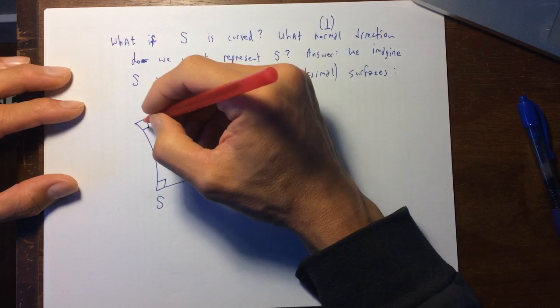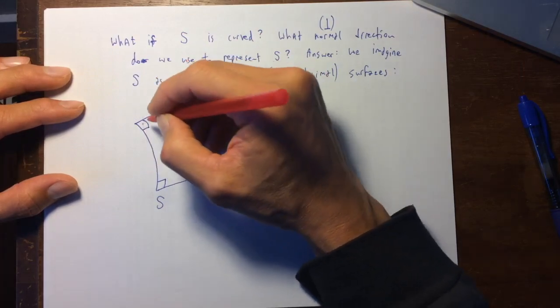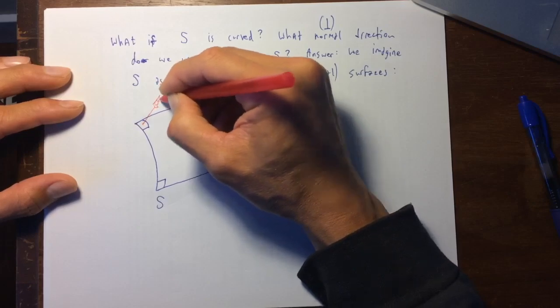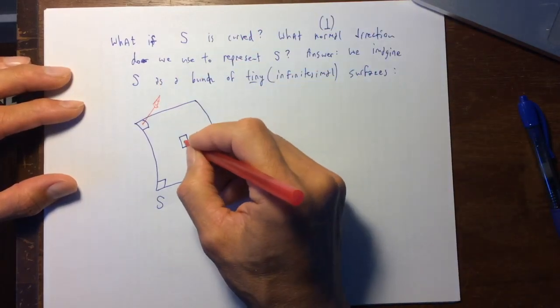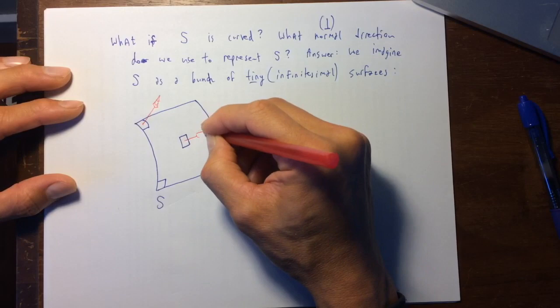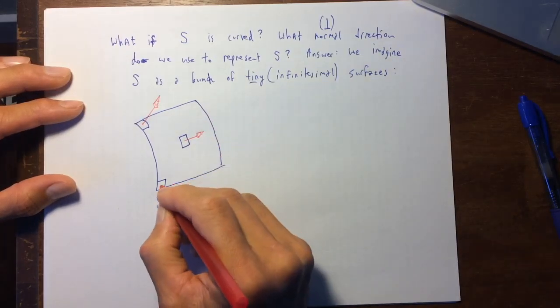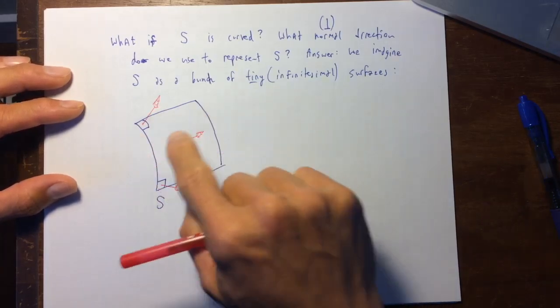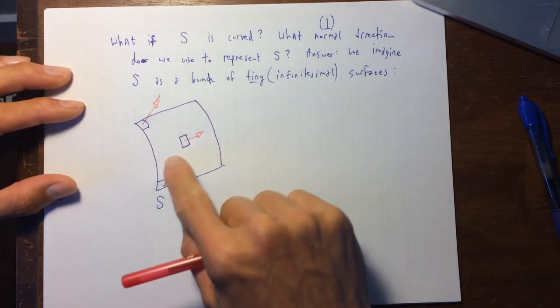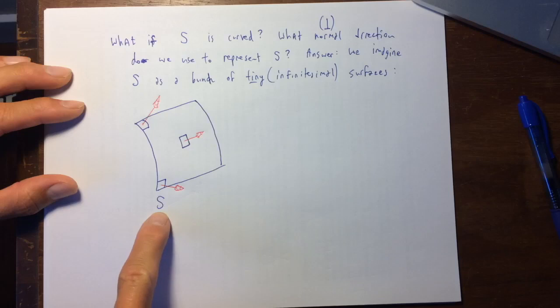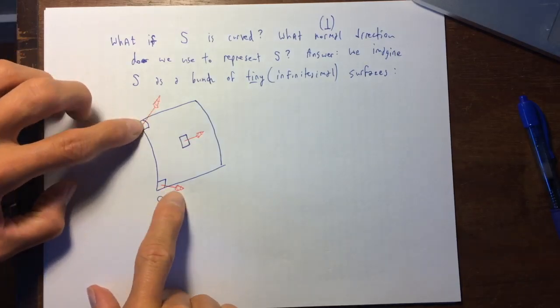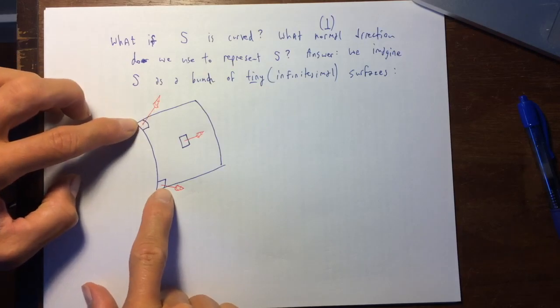And up here, the normal vector is going to point something like this. Over here, the normal vector points something like this, and over here, the normal vector points something like this instead. And you can imagine tiling a whole bunch of small pieces of the total surface S, but every piece has a slightly different direction for its normal.